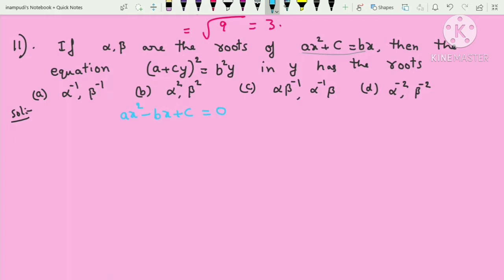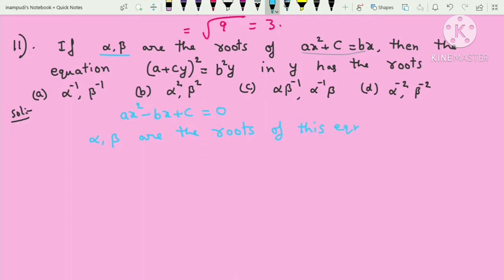Here alpha, beta are the roots of this equation.